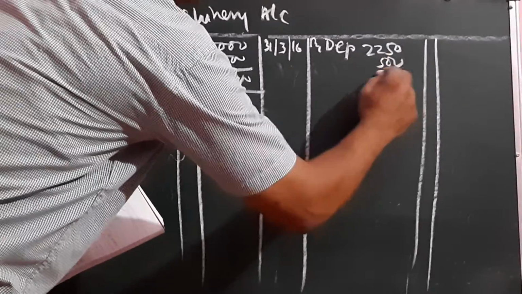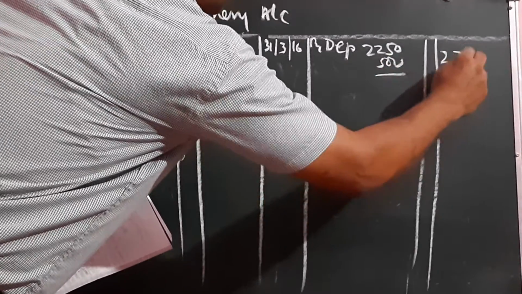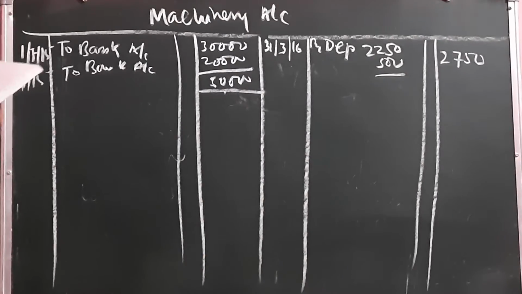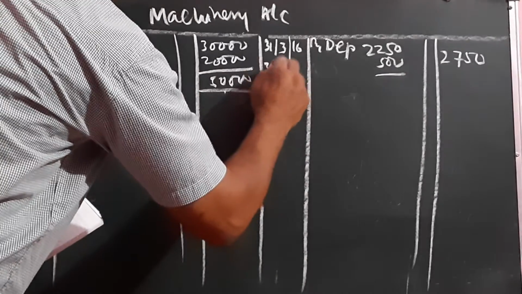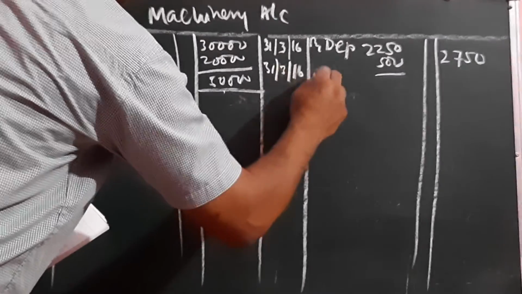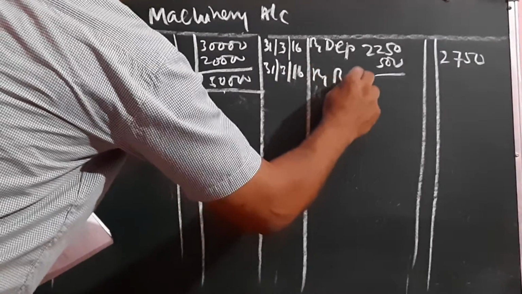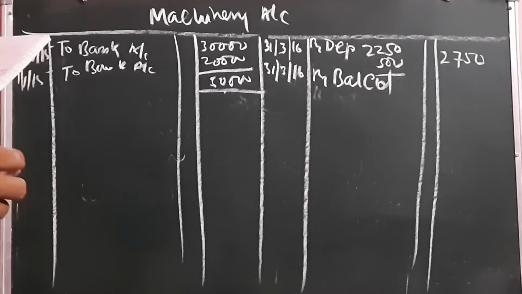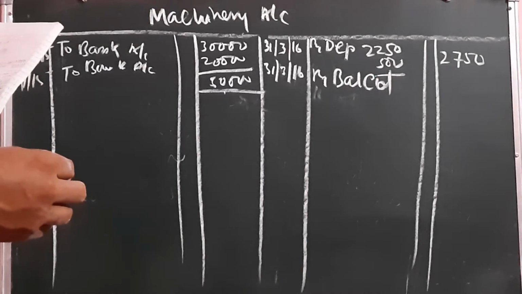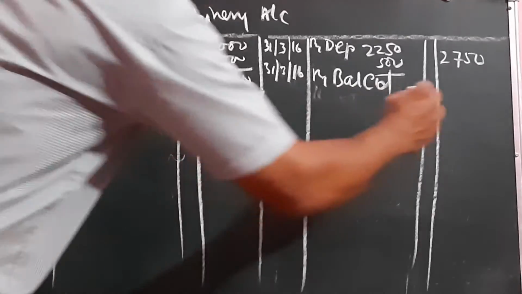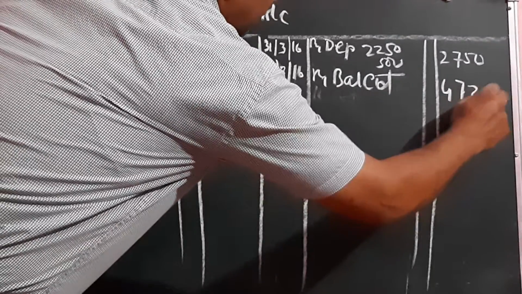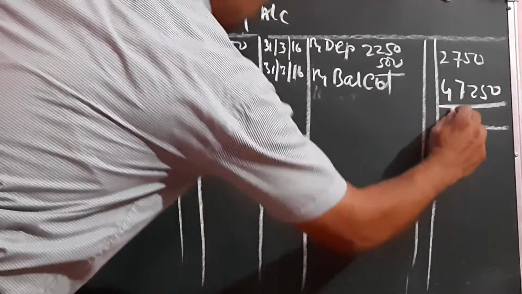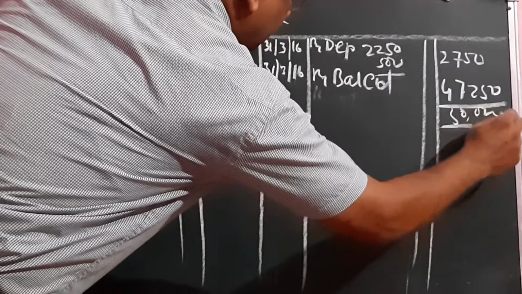So for the first and second machines it is 2,750. So the balance on 31st March 2016 is by balance c/d, 50,000 minus 2,750, which is 47,250. This is the first year.